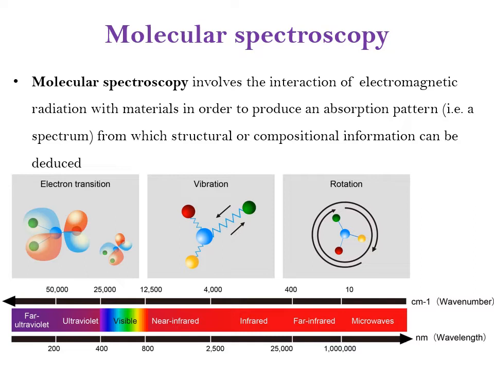Either from the electronic transition, or the vibration, or the rotation, molecules can absorb light through these different ways. Applied light can be absorbed, and through the absorption spectra it is possible to identify the compositional or structural information of a molecule.